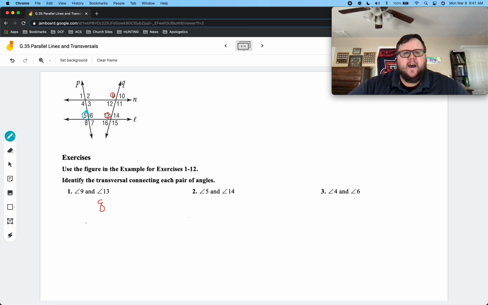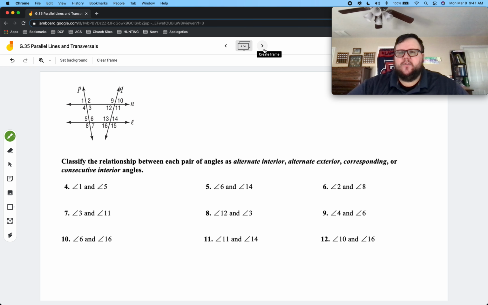So angle 5 and angle 14, the line that's cutting through both of those is line L. And then you guys can do number 3, which would be angle 4 and 6. So it's this side. So what line is cutting through that? Well, you're going to have to do that on your own. It was P.